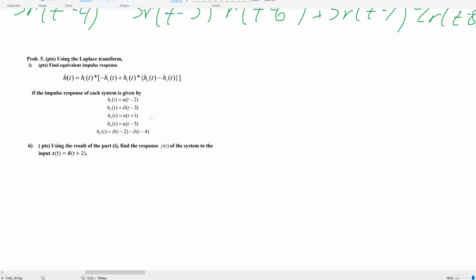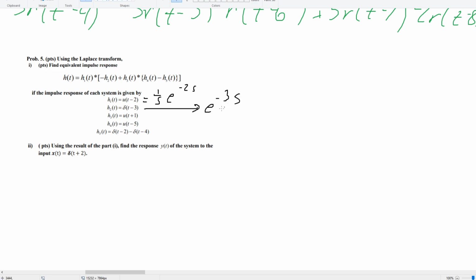So let's do that. Let's find the Laplace of each one of these. This is going to be 1 over s e to the negative 2s. This one is going to be, ooh, what is this one going to be? e to the negative 3s.